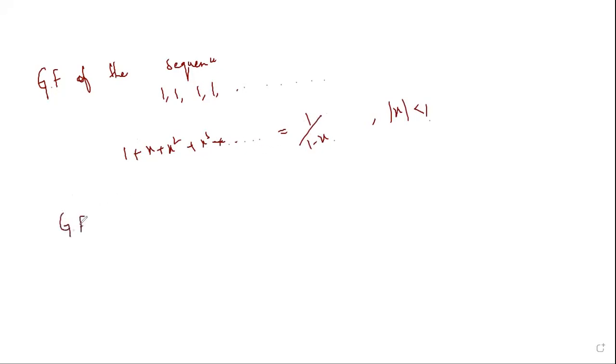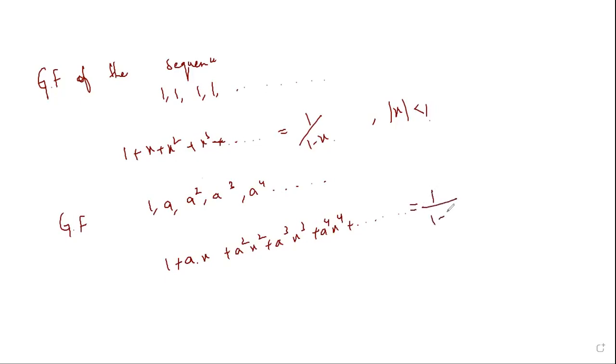Similarly, the generating function for 1, a, a square, a cube, a power 4 will be given as 1, a multiplied with x: 1 plus ax plus a square x square plus a cube x cube plus a power 4 x power 4 and so on up to infinity.